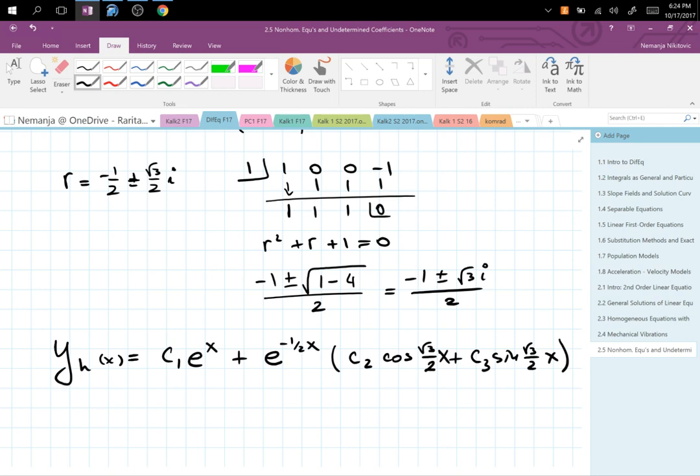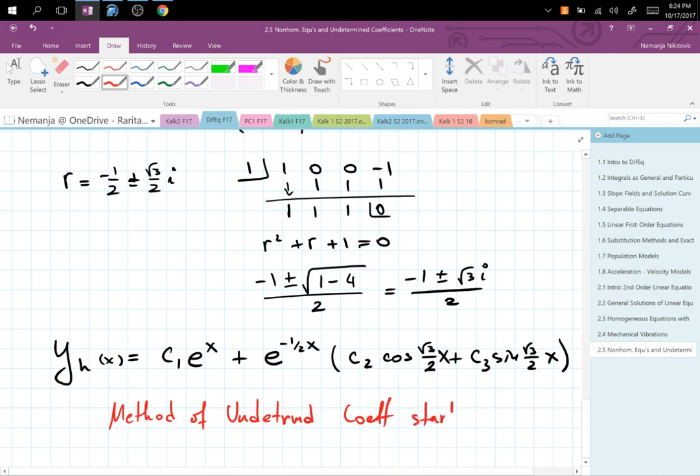So now we are going to begin the method of undetermined coefficients. I'm going to announce where we start.